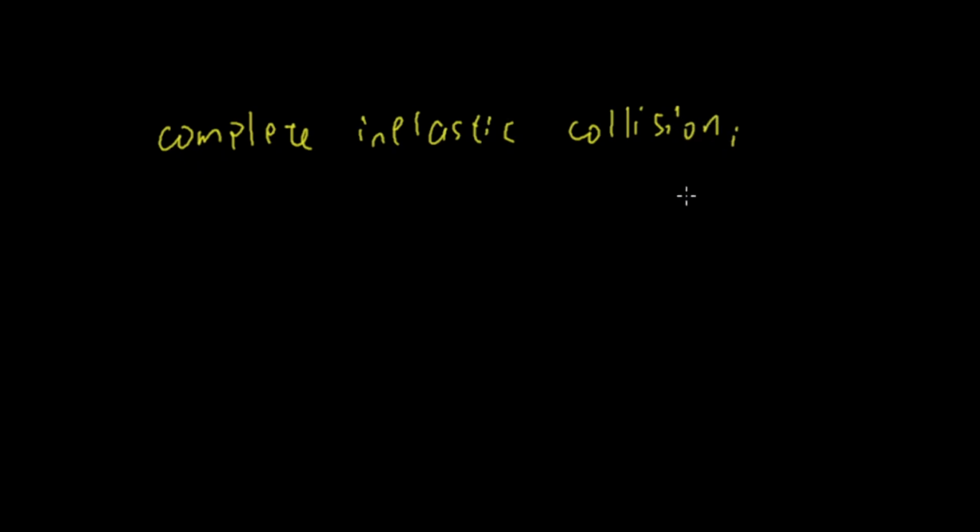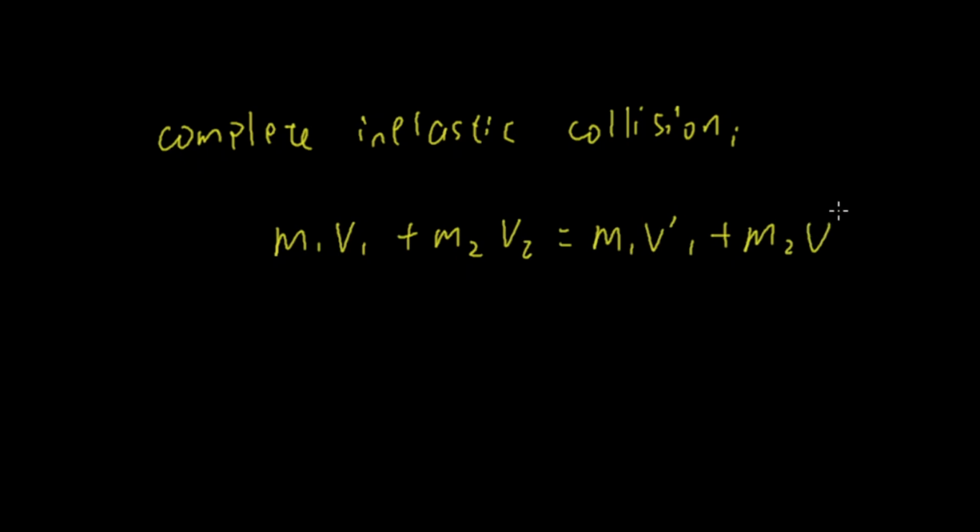In an inelastic collision, now let's say complete inelastic collision, you can use this formula: m1 v1 plus m2 v2 is equal to m1 v prime 1 plus m2 v prime 2.